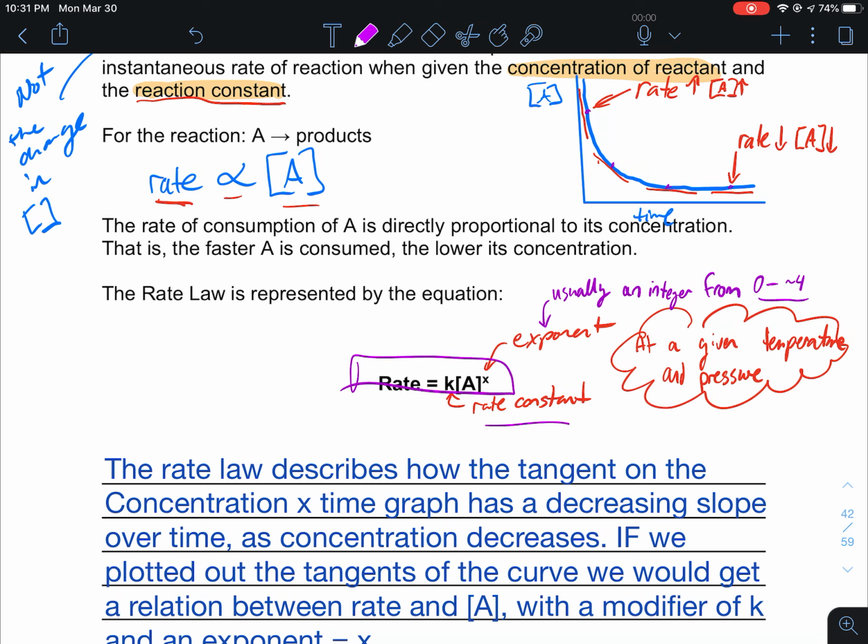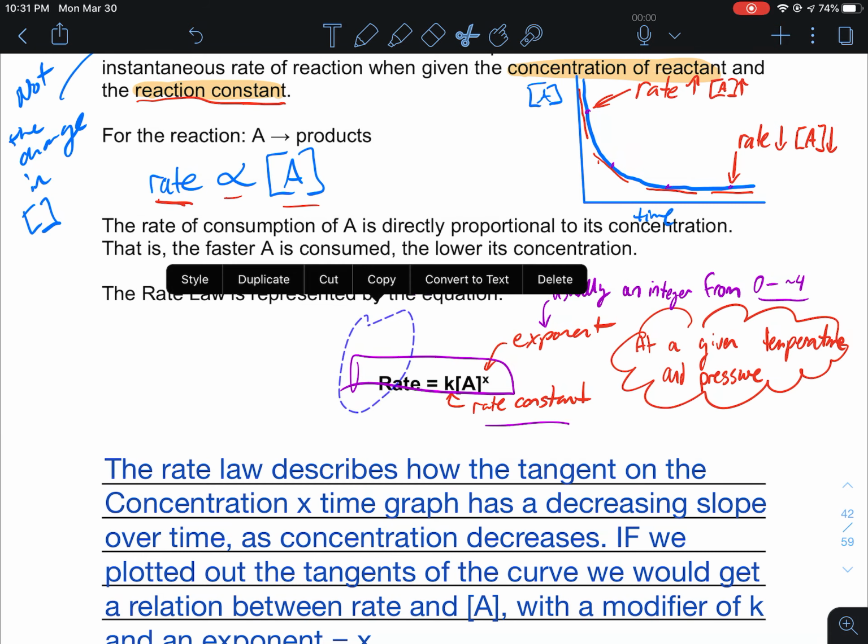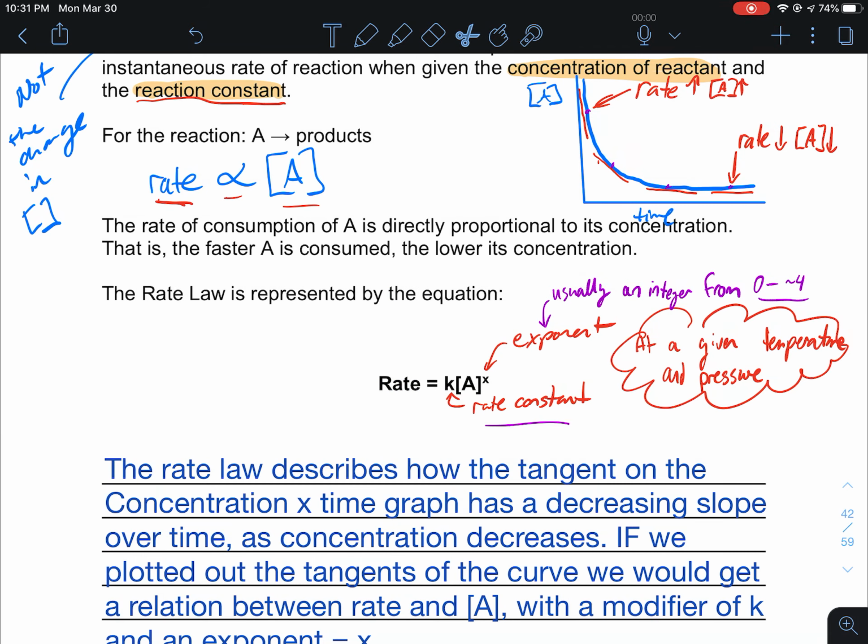If we were to take these slopes here and plot them all out, they would make their own curve, which would relate concentration and rate.